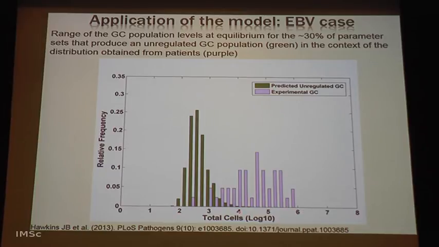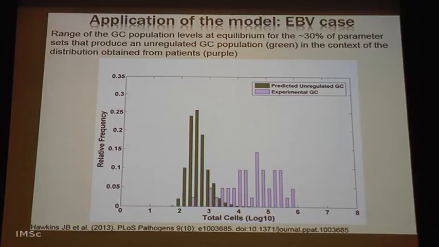And so what we see, which is interesting, is that we are at the lower end of the range that is existing in the human population. And this kind of makes sense because when you see that the germinal center population is not regulated, you would expect that that population of cells will be low. Because if you had a very high population of germinal center cells infected, then you would expect the immune response to become active.